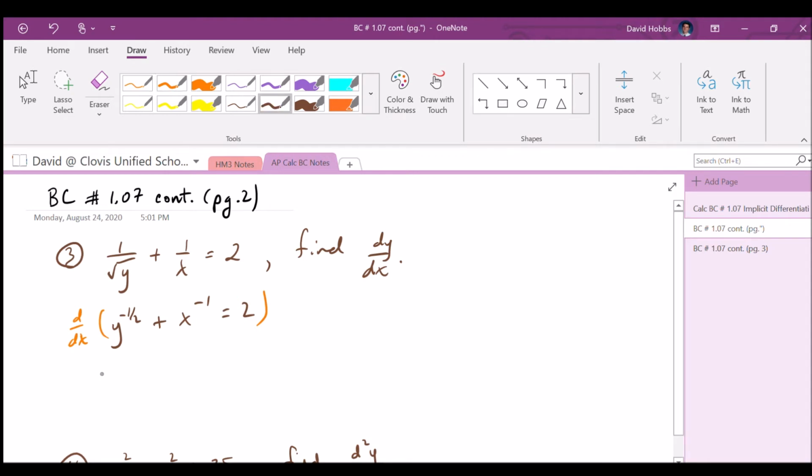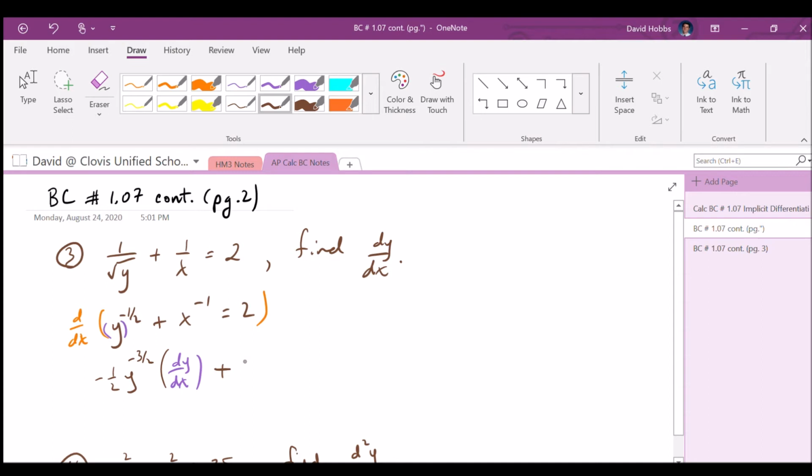So I get negative 1/2 times y to the, what's 1 less than negative 1/2? Negative 3/2 times the derivative of the guts. What's the guts here? The guts here is the y. So dy dx. Okay, plus the derivative of x to the negative 1.